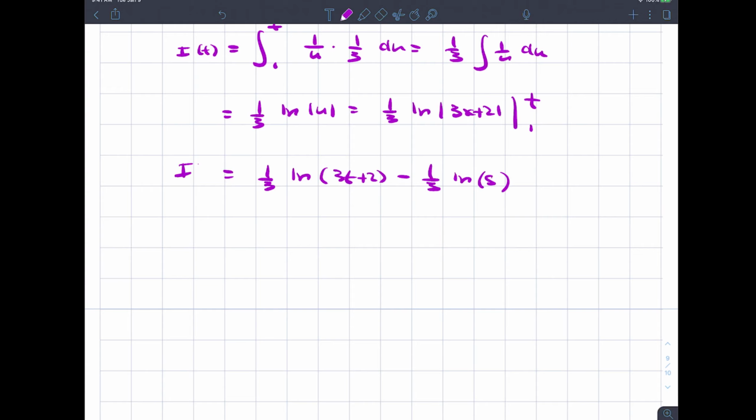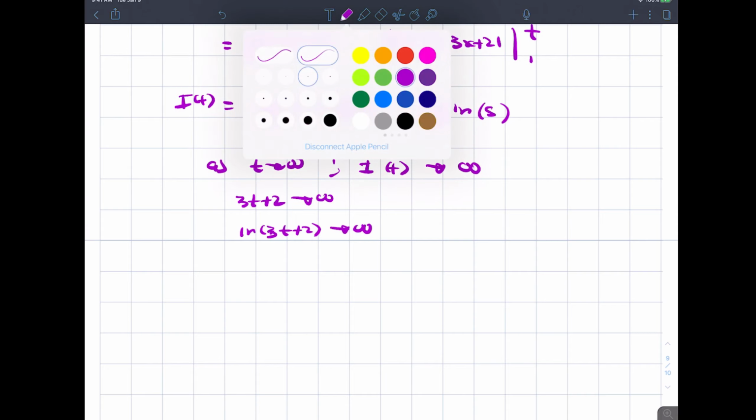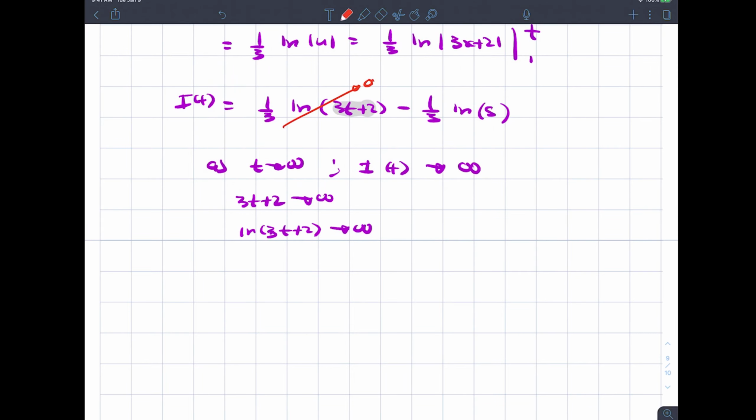So this is I of t, and as t gets big, I of t goes to infinity, essentially because as t gets big, 3t plus 2 gets big. Then you have the natural log of that, and natural log is an increasing function. 3t plus 2 goes to infinity, so this portion simply gets big, goes to infinity.